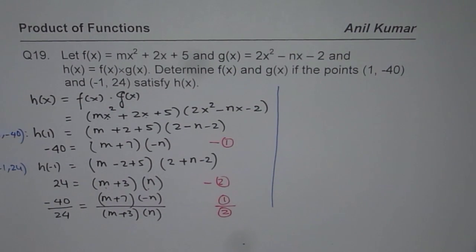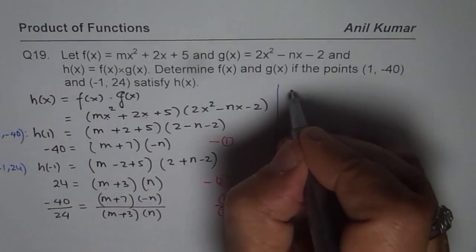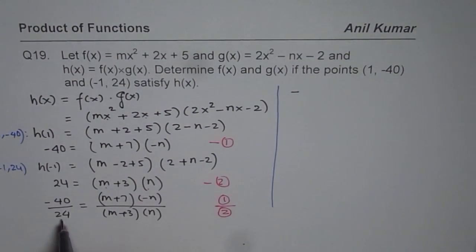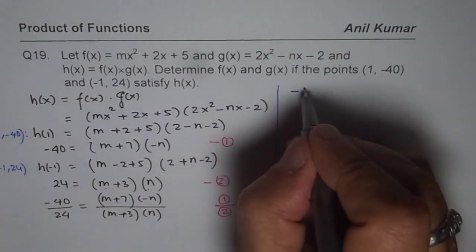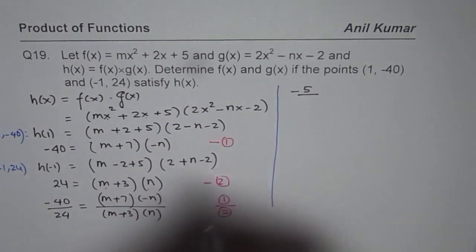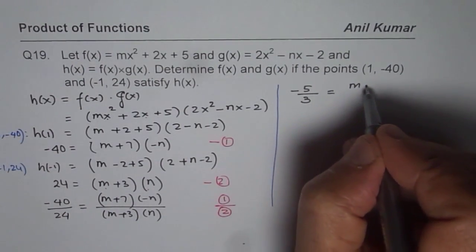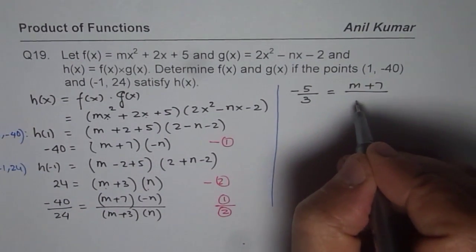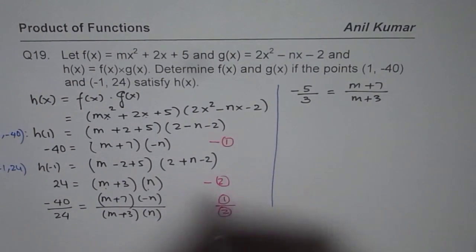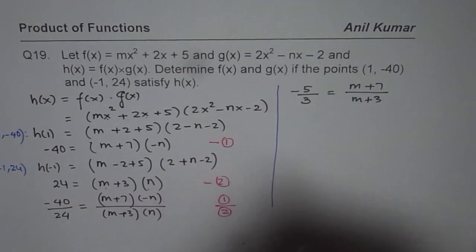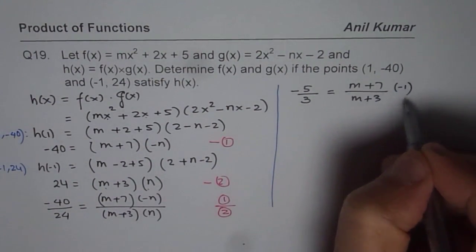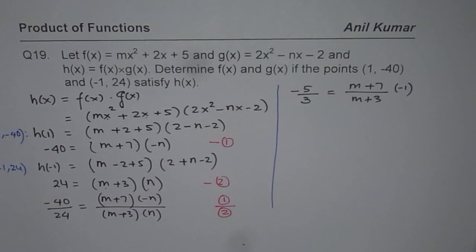On the left side, dividing both by 8, we get −5 divided by 3, which is 24 divided by 8, equals (m + 7) divided by (m + 3), and n divided by n with a minus sign gives us −1. So that is what we get.